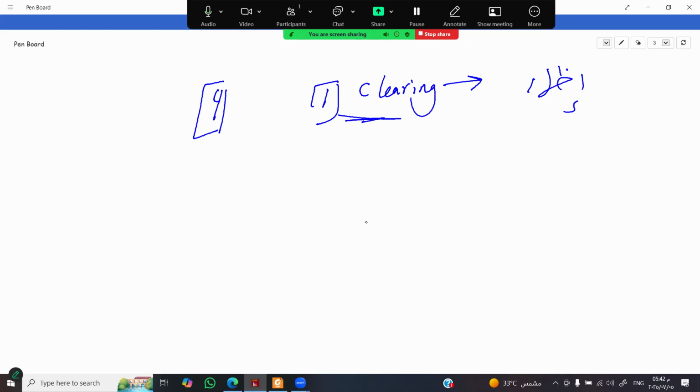And the second one is called merging. Merging means you're gonna mix 2 letters together. In tajweed, merging means you turn the letter into the same as the letter after it, and then you pronounce them as one, and you make ghunna.